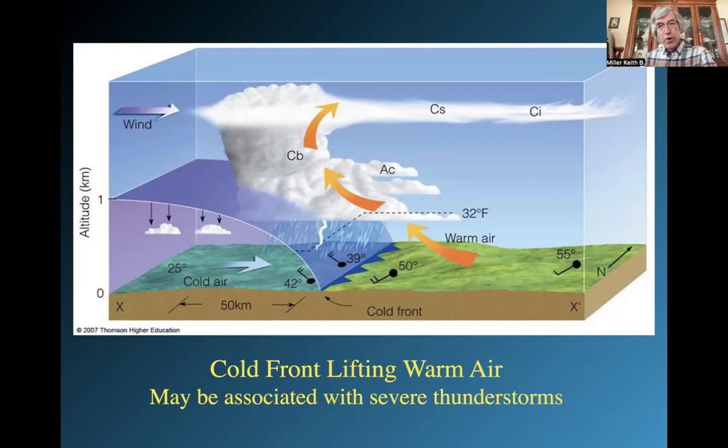So now you have this warm, moist air that's being forced upward by the cold air pushing into it. As it rises, it's going to cool, it's going to hit the dew point, and it's going to precipitate out. And so you're going to build up thunderstorms as that warm air is being lifted in front of the cold front.